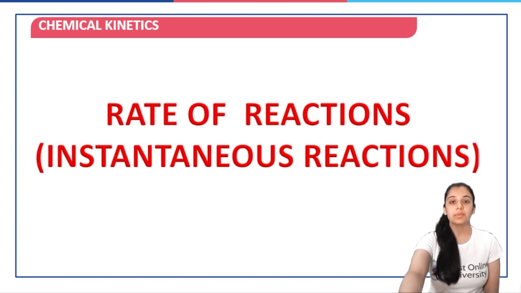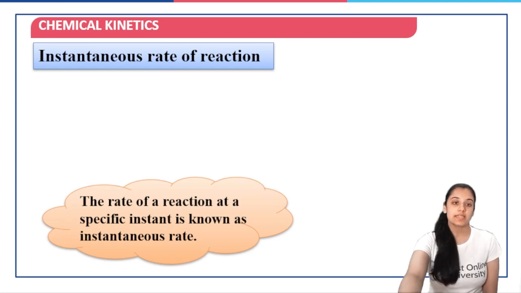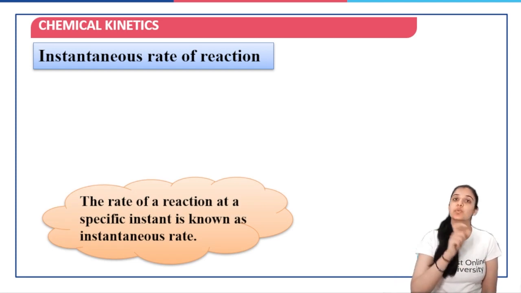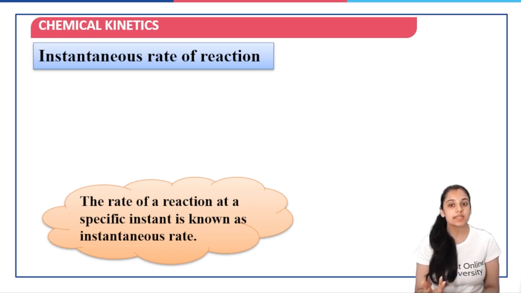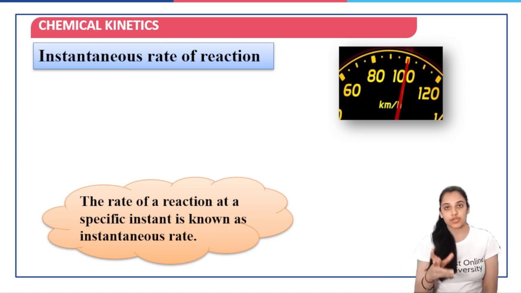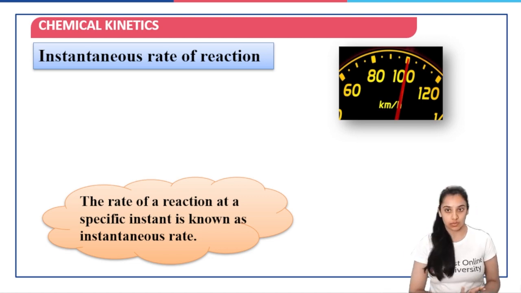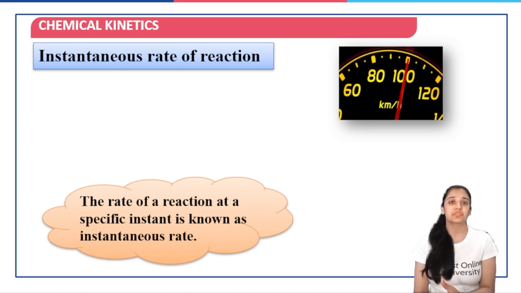Now, we will be taking into account the instantaneous reactions and the rate equations for them. So what is instantaneous rate? The rate of the reaction at one particular instant of time is known as instantaneous rate. Very simple. Suppose you are driving a car and someone sitting next to you says it's 12 o'clock right now, what is the speed of the car right now?